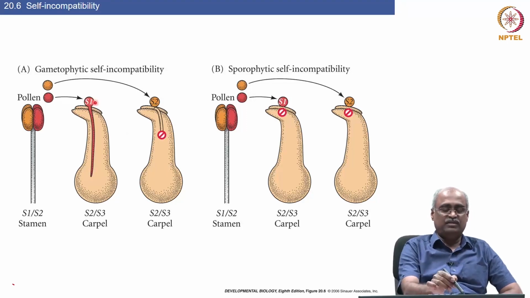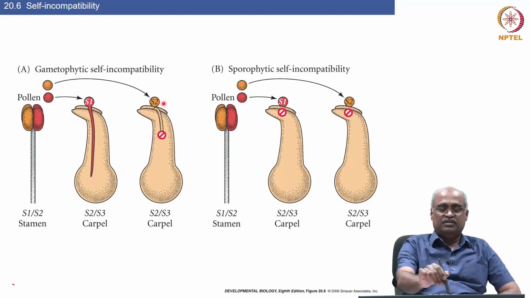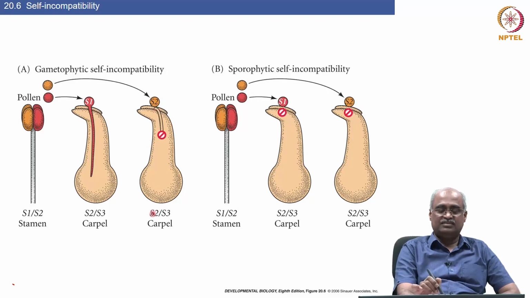Here S1 and S2 or S3 are compatible, and therefore germination and pollination are going to be successful. Whereas the pollen with the S2 allele for that given self-incompatibility locus shares an allele in the carpel, and as a result it is recognized as self, and when it is recognized as self, germination does not happen.